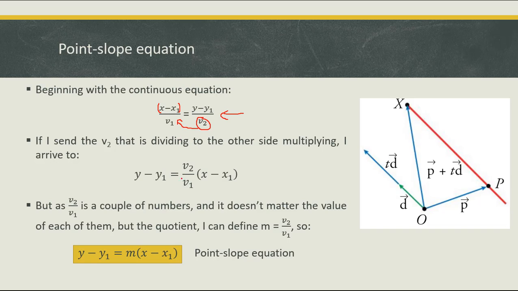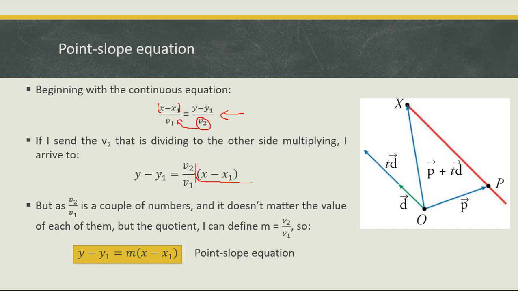So I can write this way: y minus y1 equal v2 multiplied by x minus x1 all divided by v1. But it's the same, dividing everything, making this longer, or dividing just v2. I prefer writing this way.